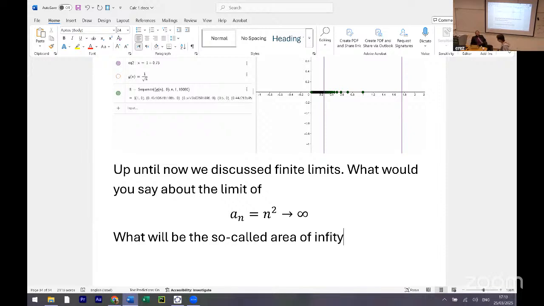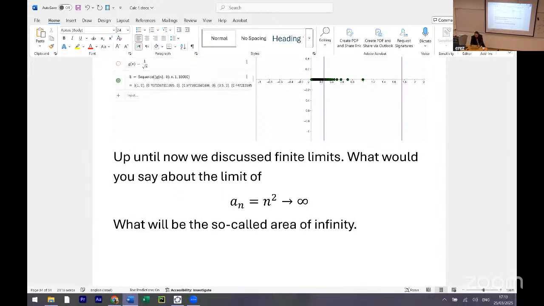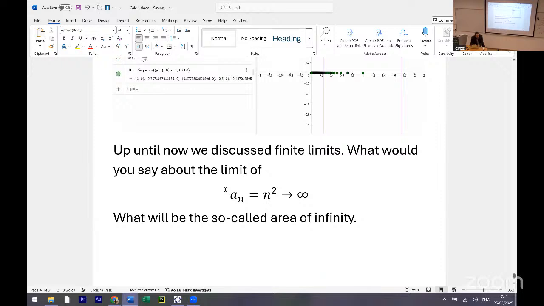They are never infinity, right? So what would be the area of infinity?